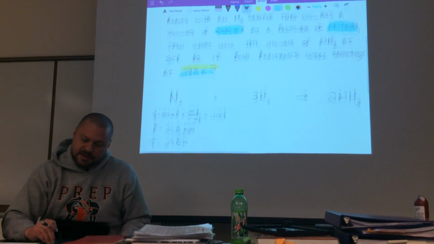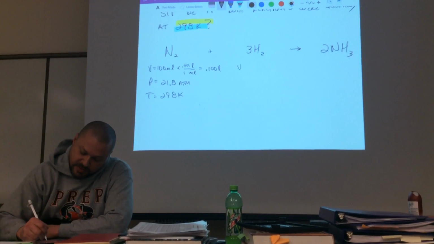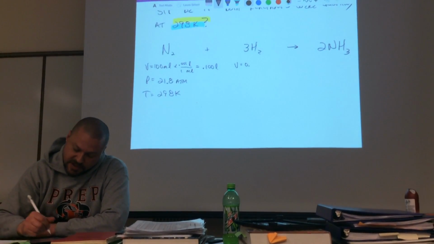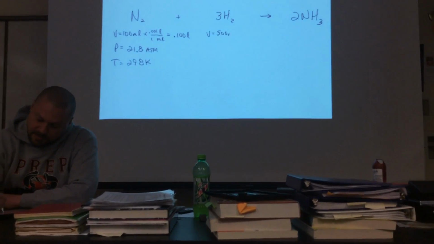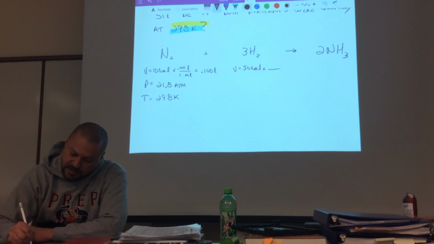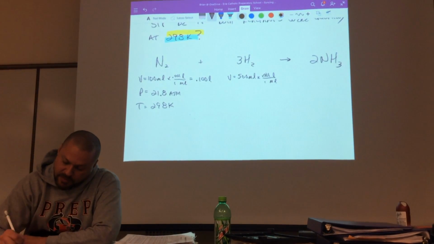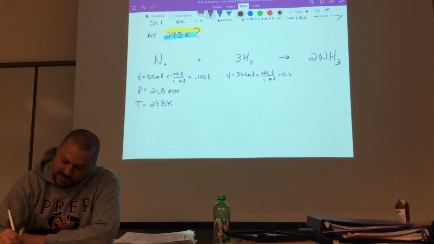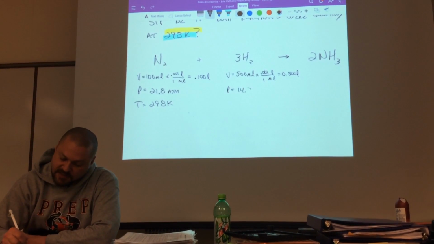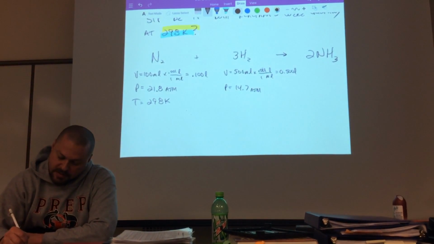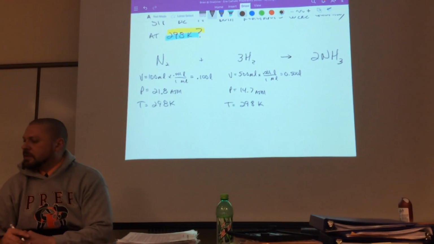Okay, so this is going to be volume equals 500 ml, but we don't want ml, we want liters. 0.001 for 1 equals 0.500 liters. Pressure this time was 14.7 atm. Temperature again, 298 K.